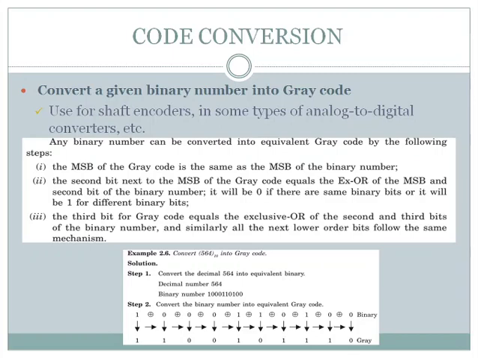Any other bit of the gray code can be obtained by performing the XOR operation between the corresponding bit of binary and its previous bit. If both the bits are the same, the XOR operation gives 0. If both the bits are different, the XOR operation gives 1.